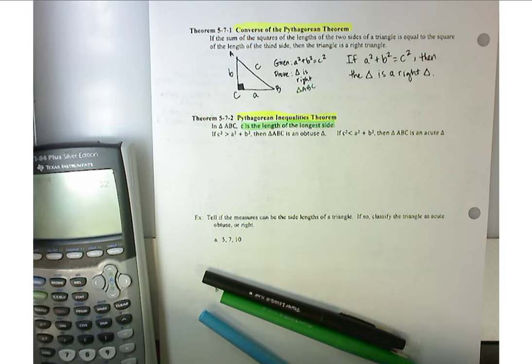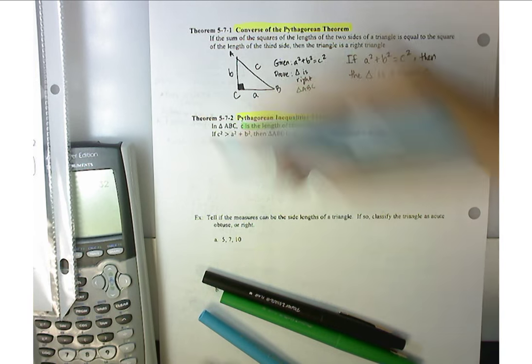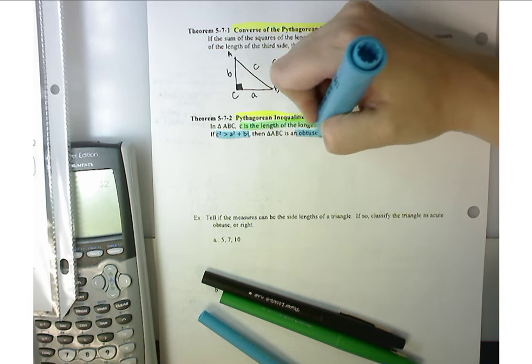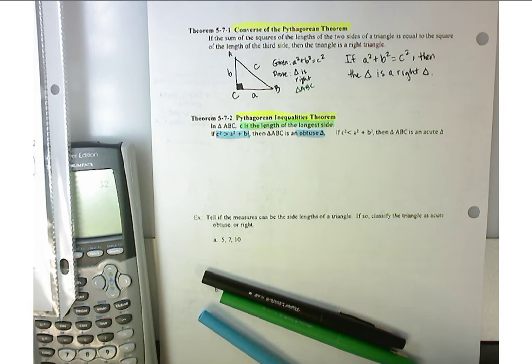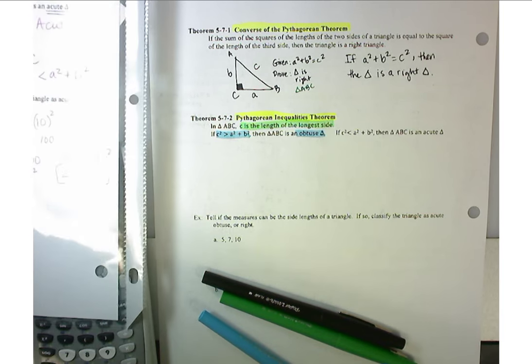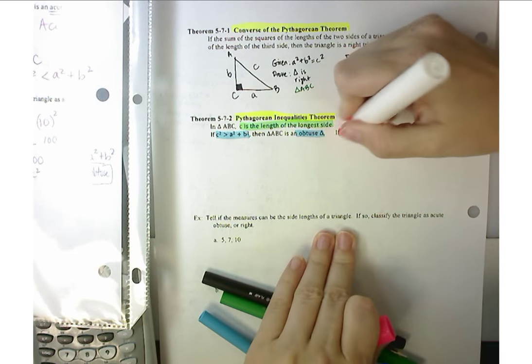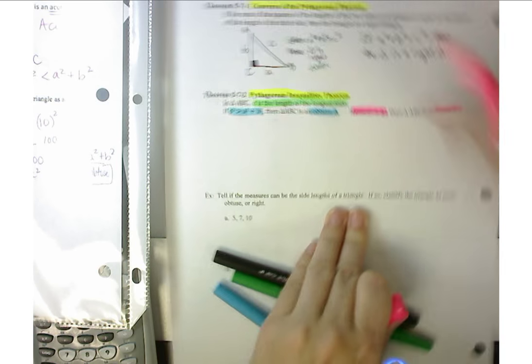It says if C squared is greater than A squared plus B squared, then you have an obtuse triangle. But if C squared is less than A squared plus B squared, then you have an acute triangle.